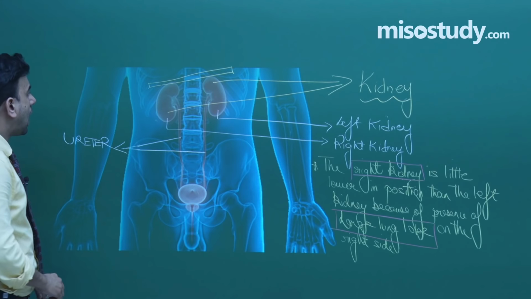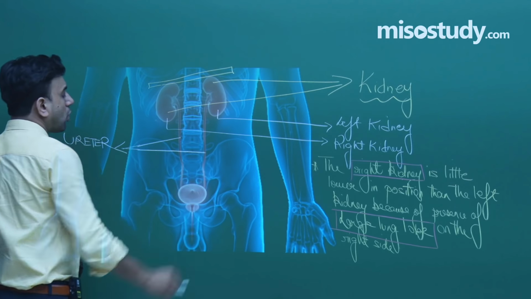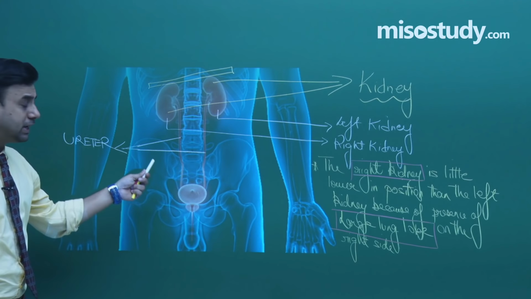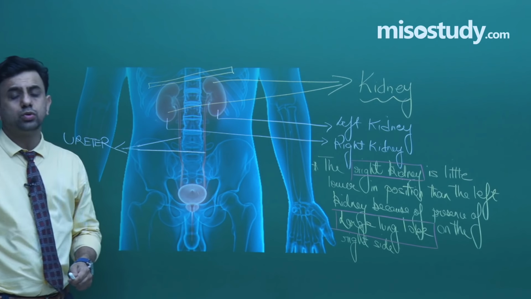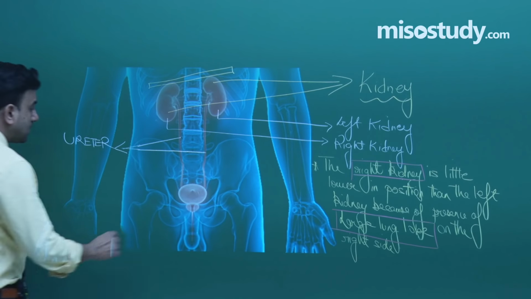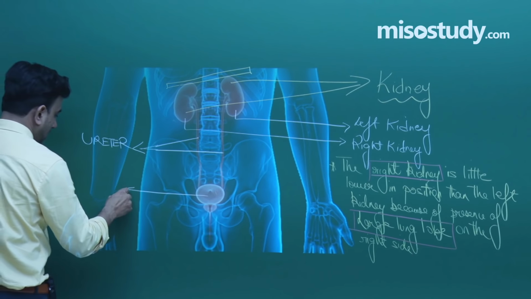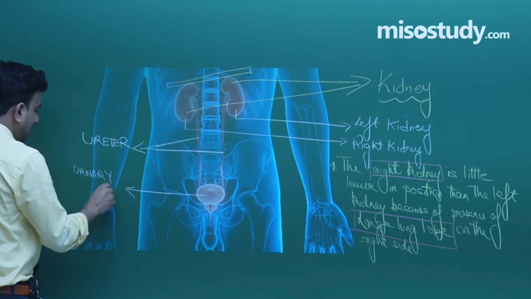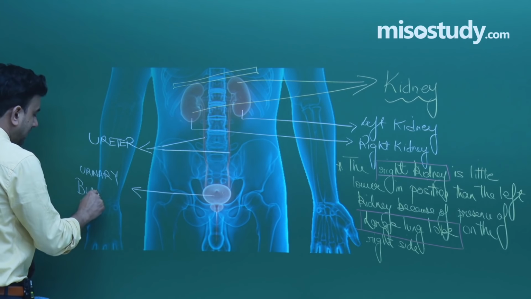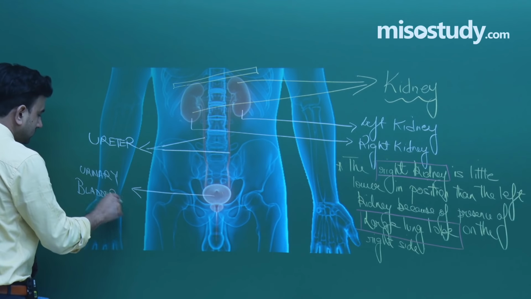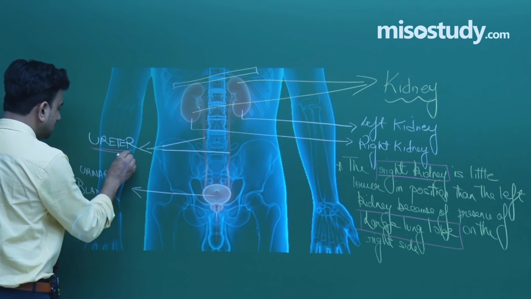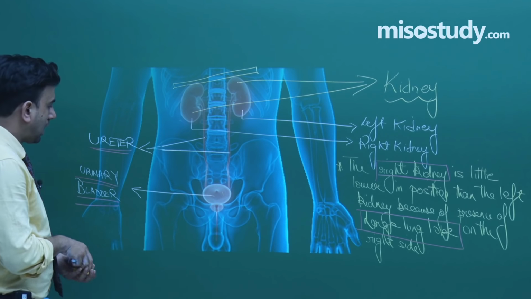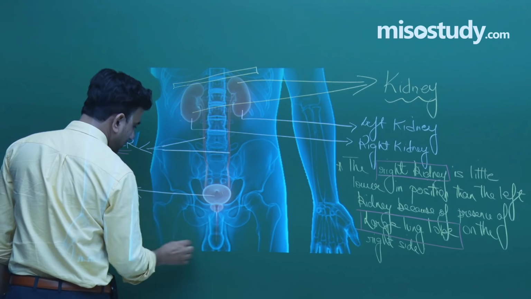The ureters are draining the urine which is formed in the kidney. Finally the ureter drains the urine from the kidney, and it comes into the urinary bladder where it is temporarily stored. Urinary bladder. And we see, this is the urethra.